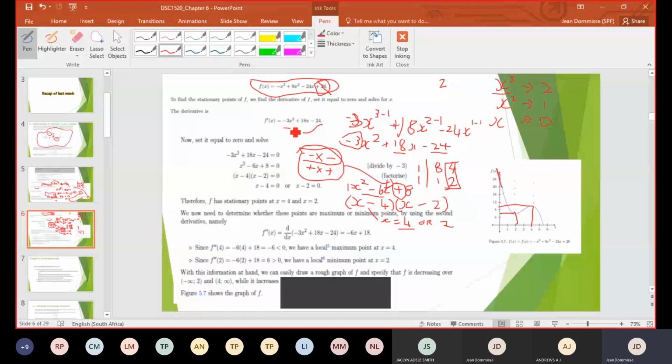If you put it back into that formula, you would see that you're actually working out this again, and if you're working out this, you will get a 0. So you need to put that 4 back into the original formula to get your y. And you need to put the 2 back into your original formula to get the other y.